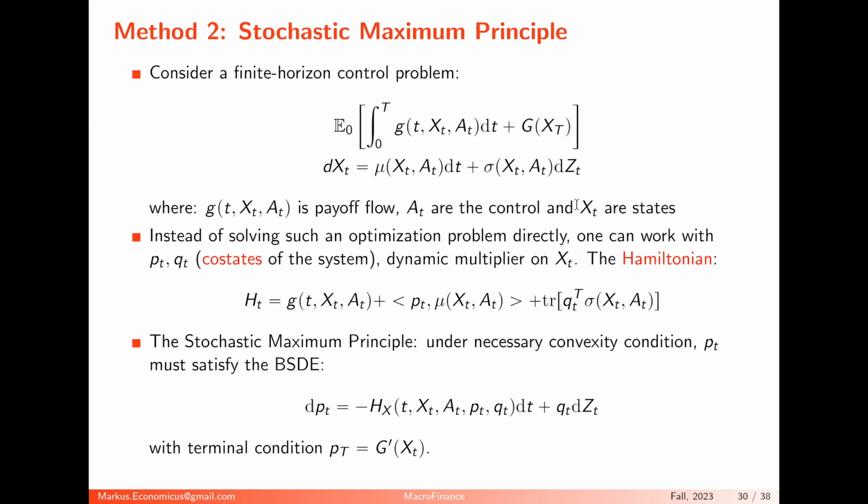Okay. And then with this Hamiltonian, you get essentially the co-states of the system. The change in co-states is minus the Hamiltonian with respect to x, and x was our states, and then you have also the other co-state with respect to dz or dc.